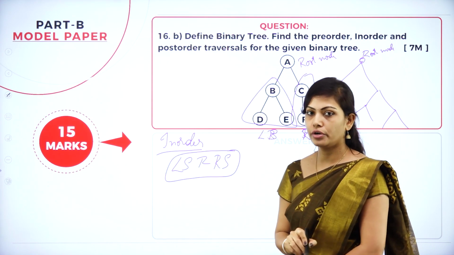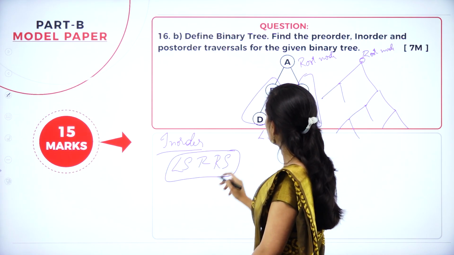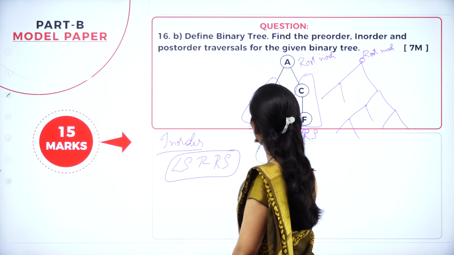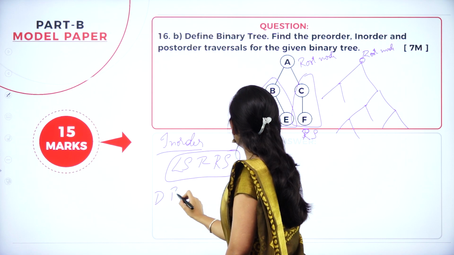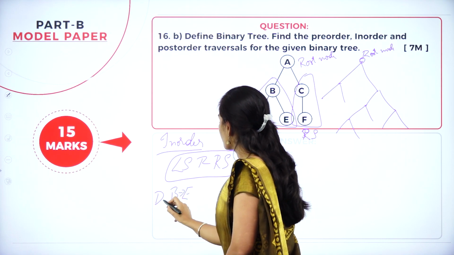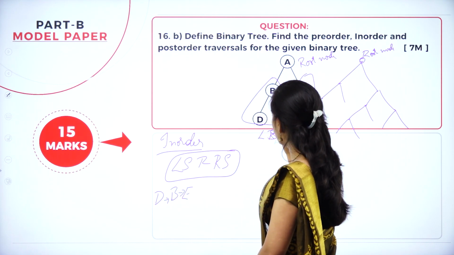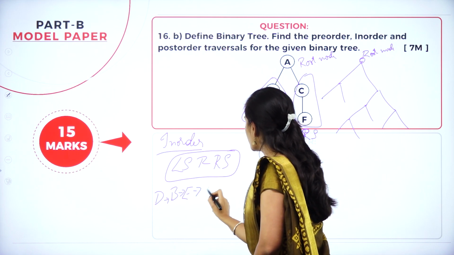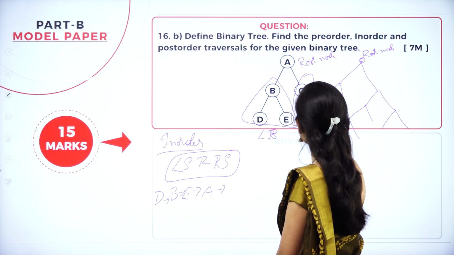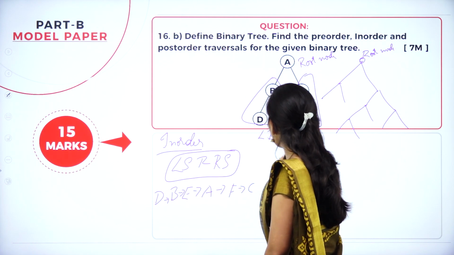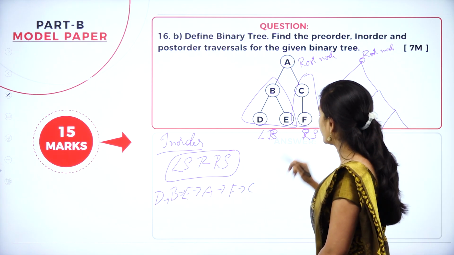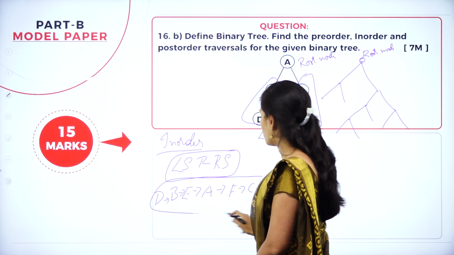That is called in-order. I'll write the graph here. So first is the left subtree D, B, E and A, and here it is F and C. So here there is no right subtree. So this is called in-order.